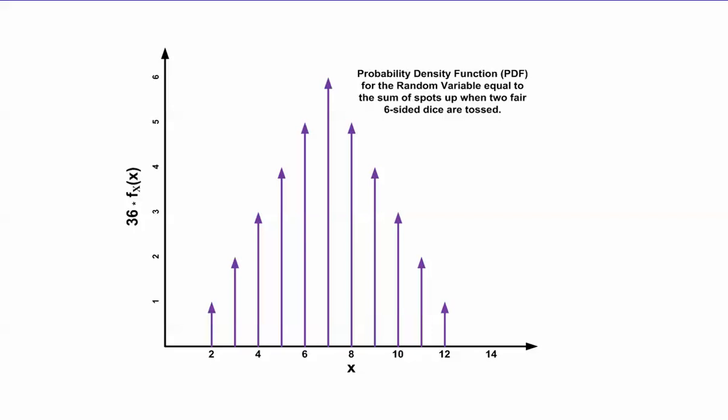This is the probability density function for the random variable equal to the sum of spots up when 2 fair 6-sided dice are tossed. There you go. That's a bunch of delta functions. This is not equal to the probability mass distribution. This is not the same.